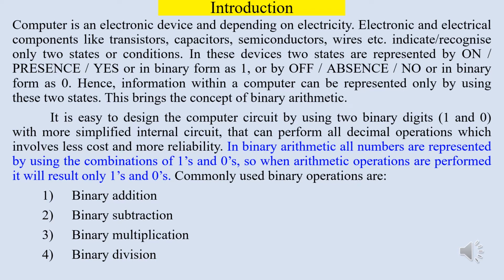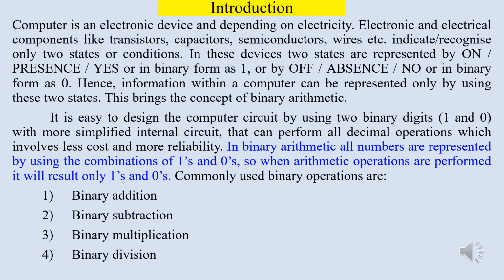It is easy to design the computer circuit by using two binary digits, that is 1 and 0, with a more simplified internal circuit that can perform all decimal operations, which involves less cost and more reliability. In binary arithmetic, all numbers are represented by using combinations of 1s and 0s.